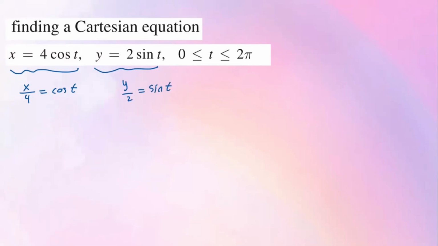Now we know from our previous knowledge that sine squared of t plus cosine squared of t is equal to 1. So if I square these components, for this one, I'm going to get x squared over 16. And if I square the second one, I will also get y squared over 4.